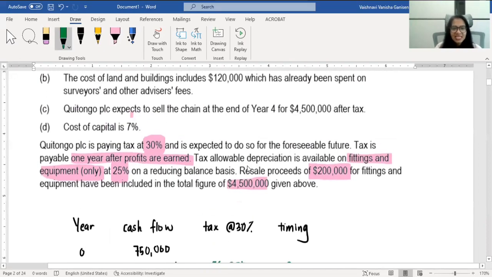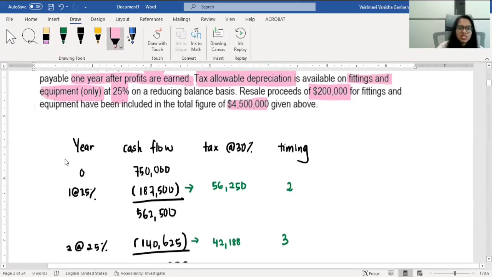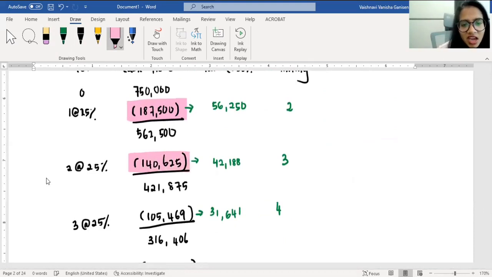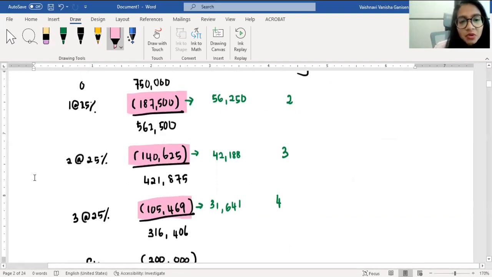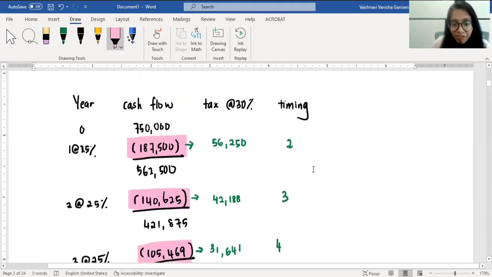Okay, I just want to explain one more thing. If you notice, the examiner has used the term TAD, tax allowable depreciation. What is your tax allowable depreciation? This item, your depreciation that you have calculated here, all these are your tax allowable depreciation items. Why do I say tax allowable depreciation? Because these items are actually the depreciation amount that attracts a tax benefit.